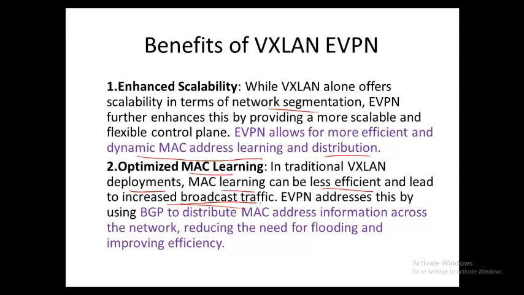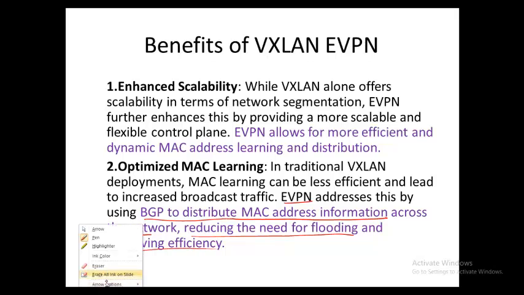And it is also a control plane for both layer 2 and layer 3 service. What is layer 3 service? If you want to communicate between the members of two different VXLAN, we call it layer 3 service.